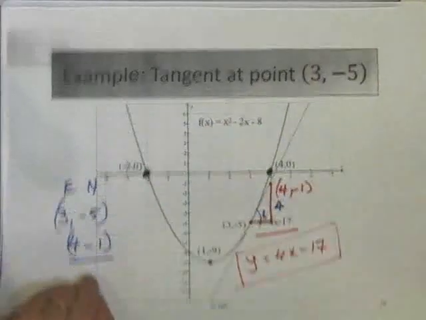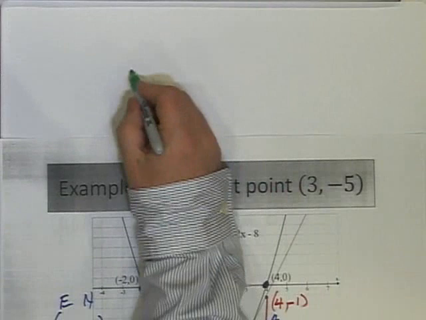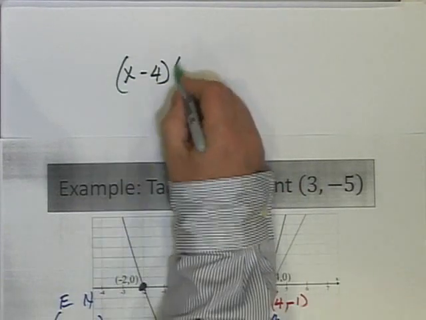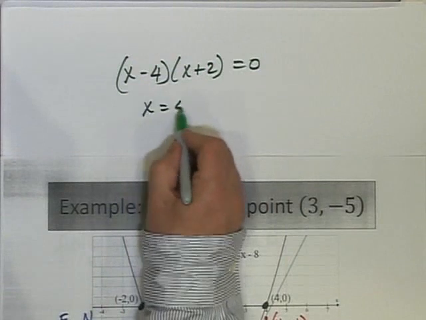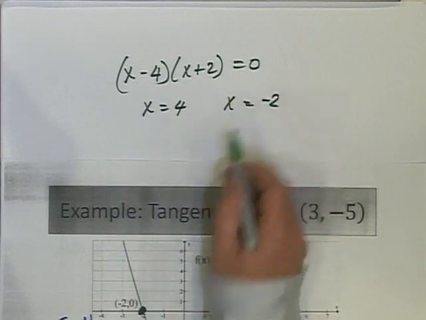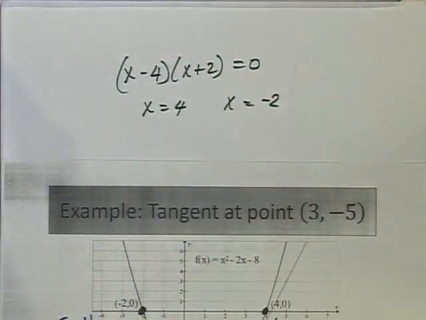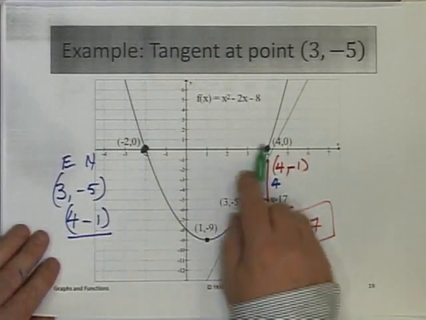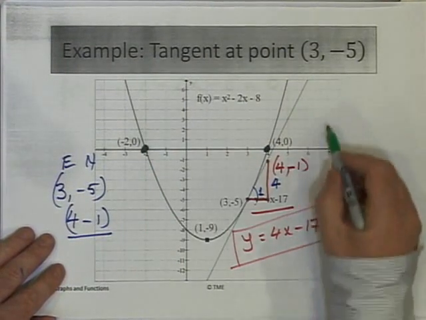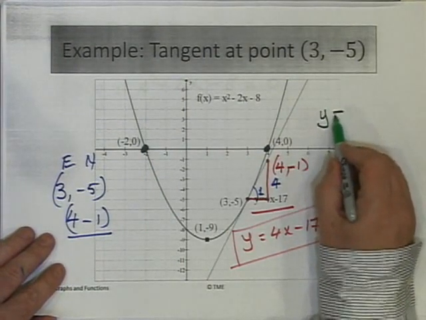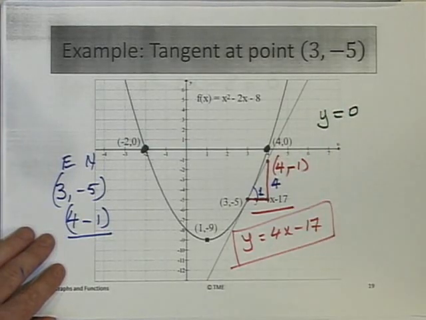If you go back on the notes, we were saying that x minus 4 and x plus 2 equals 0, so x equals 4 or x equals minus 2. In other words, y is equal to this stuff, 4 and minus 2. But what does y equal to 0 mean?